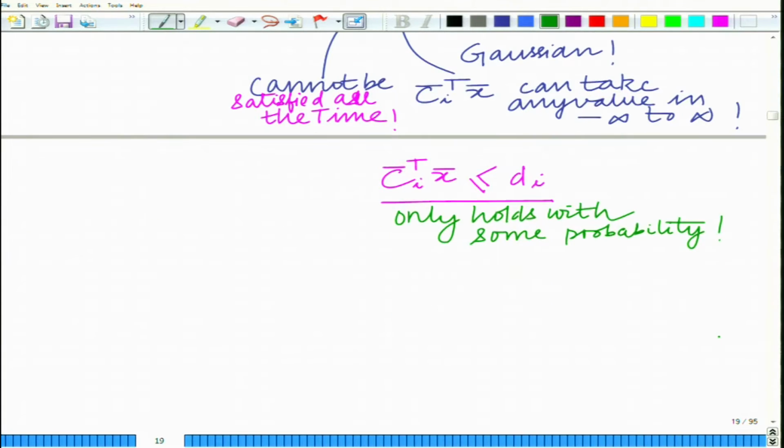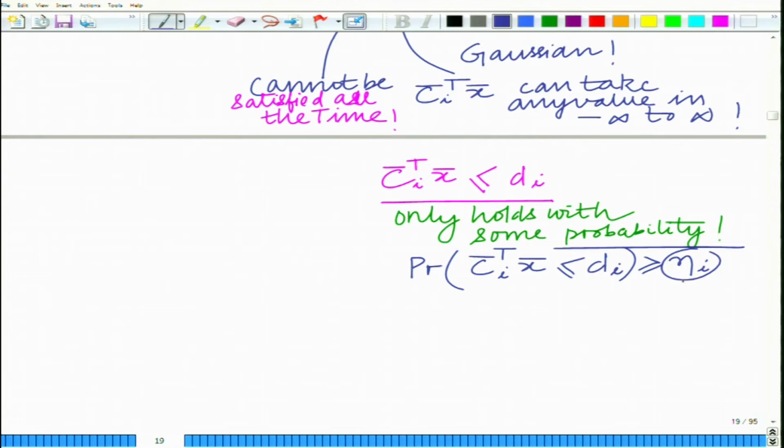Let us say the probability is eta I. What we mean by that is that the probability that C bar I transpose x bar is less than or equal to di has to be greater than or equal to eta I. The constraint need not hold all the time, but it can hold with a very high probability; you can only talk in terms of probability.